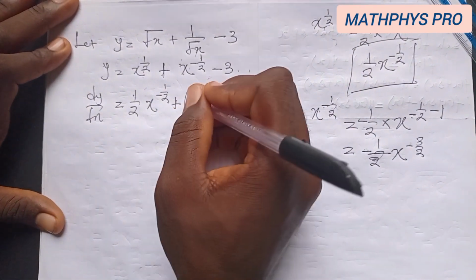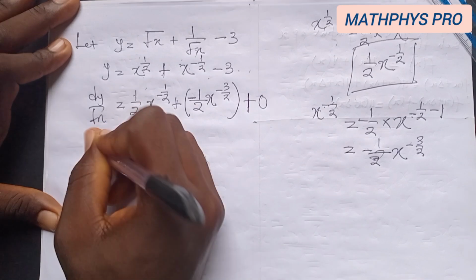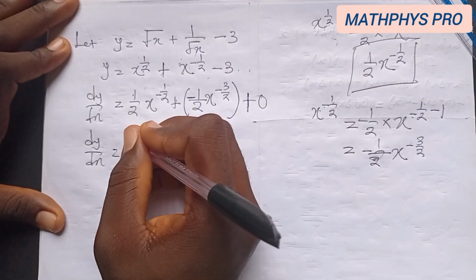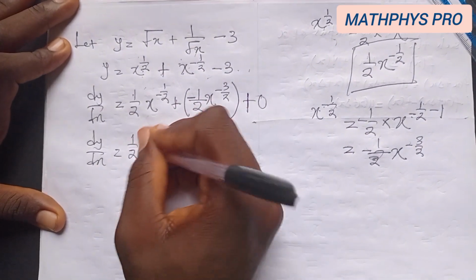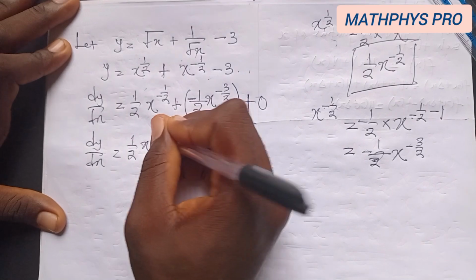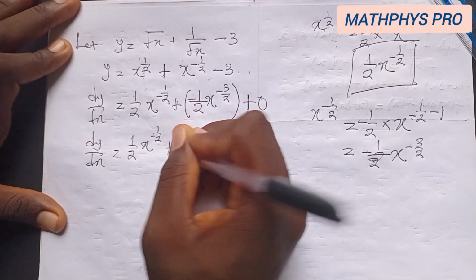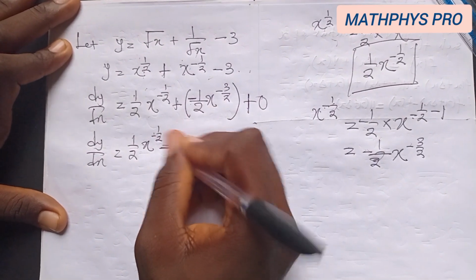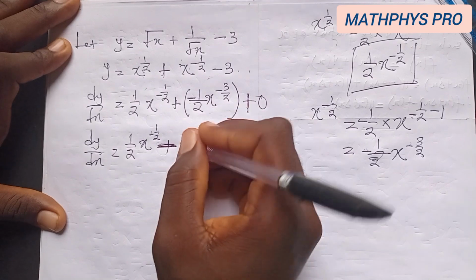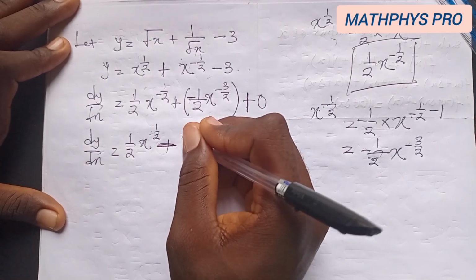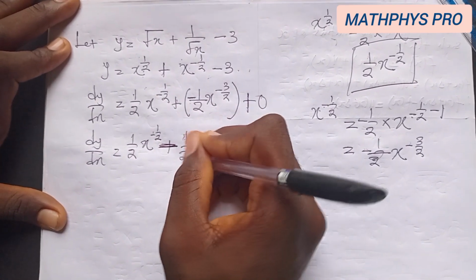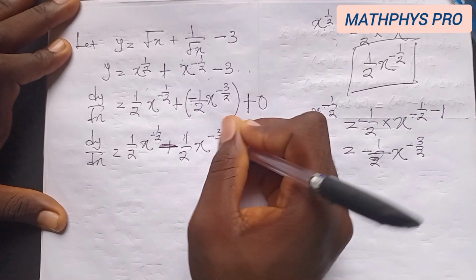So now, there's a minus here. We can rewrite it so that dy/dx will be equal to 1 over 2 x raised to minus 1 over 2, plus, since there's a minus here, this will be minus 1 over 2 x raised to minus 3 over 2.